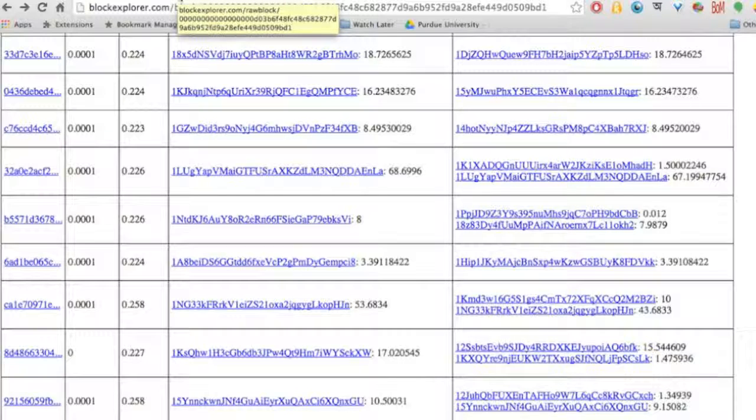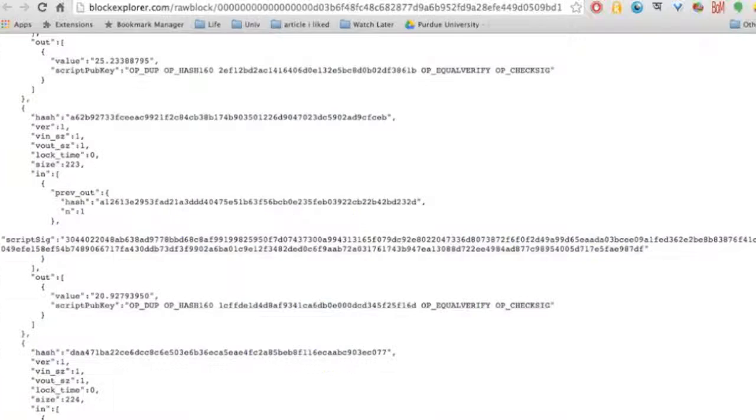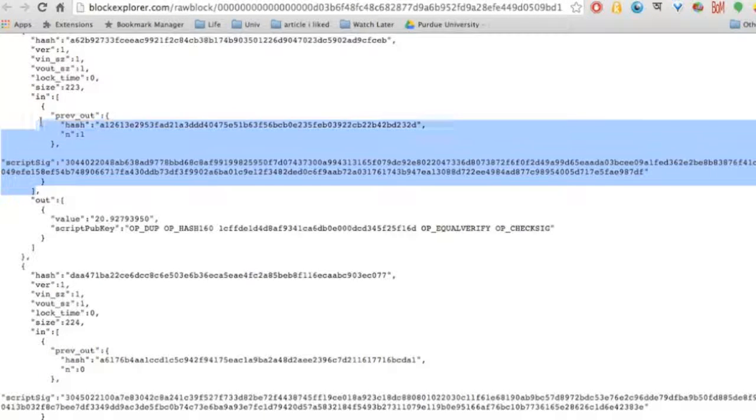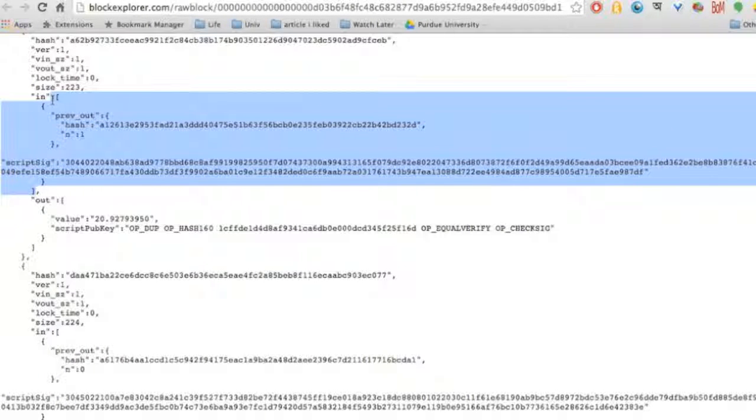Only a single person or single entity has the private key. That's why only that person can create this script signature. Okay, so that's how Bitcoin actually incorporates cryptographic security.